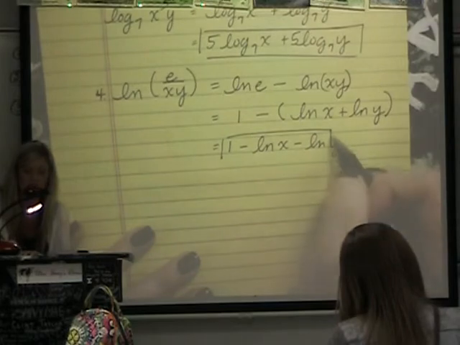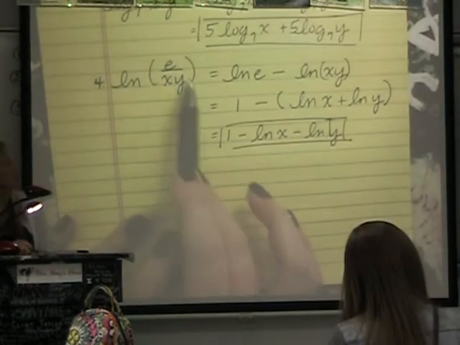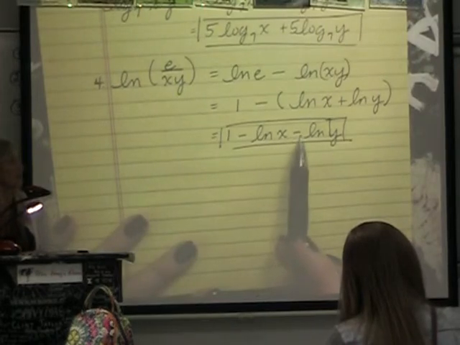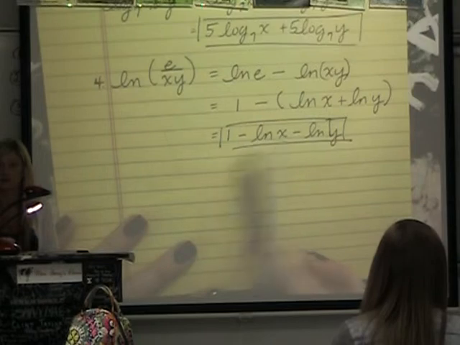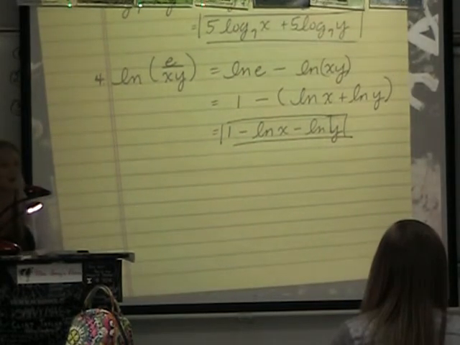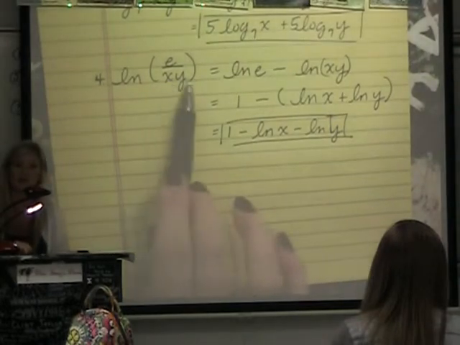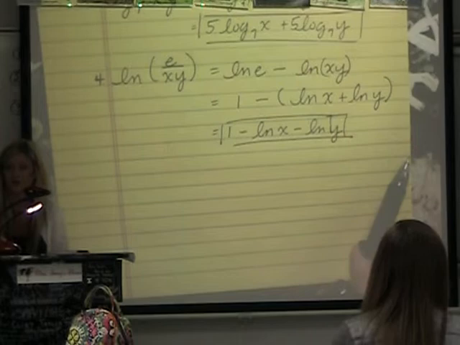Since both the ln of x and ln of y were in the denominator of the fraction, you'll see that they're both negative in my final answer. So 1 minus ln of x minus ln of y. If you have multiple terms on the bottom of the fraction, make sure you distribute that negative to all your terms.